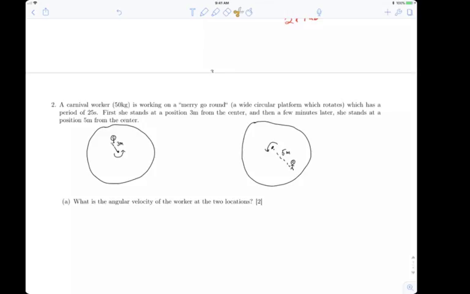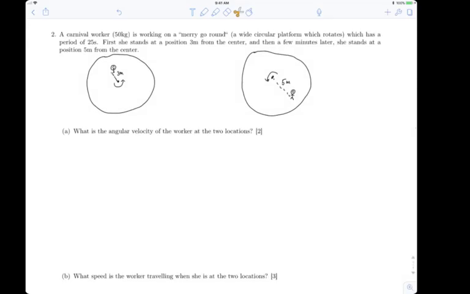Okay, so the angular velocity is just the change in angular position divided by the time it takes. It takes 25 seconds to go around the circle, so 2 pi divided by 25 is 0.251 radians per second.